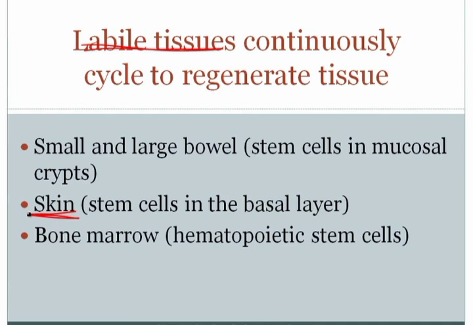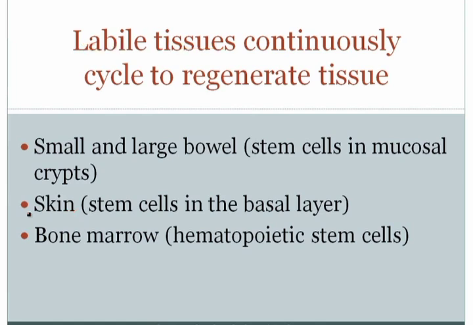And so you'll get regeneration of the tissue. Same thing with the small and large bowel. When a patient gets an infection in the GI tract and gets diarrhea, you don't worry about transplanting the bowel or something like that, because the bowel basically has the ability to regenerate itself.